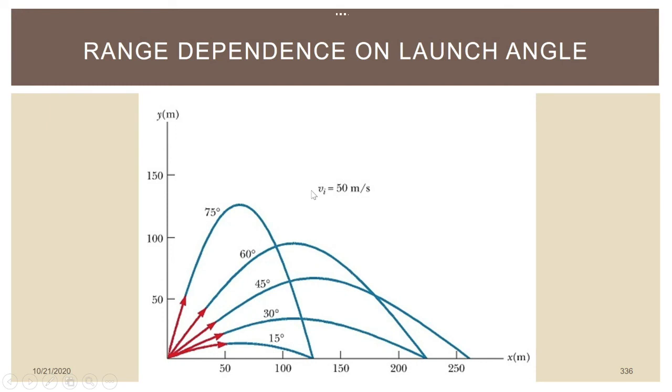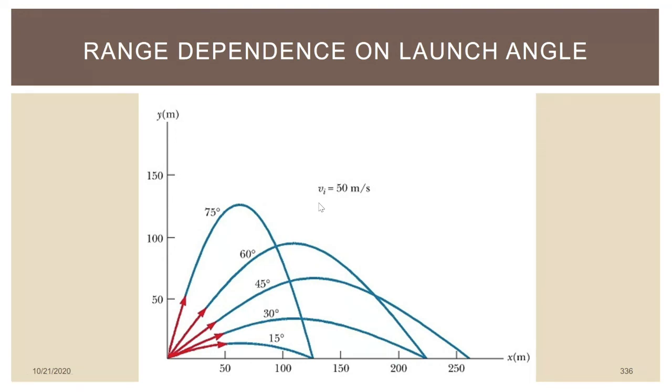You cannot use this 45-degree launch angle being the maximum range if you're talking about two different launch velocities, because it should be fairly obvious to everybody that even if I shot another projectile at 30 degrees, and we were comparing this range to the projectile shot at 45 degrees, if I shot it at 4,000 meters per second, it's obviously going to go farther than one shot at 50 meters per second.